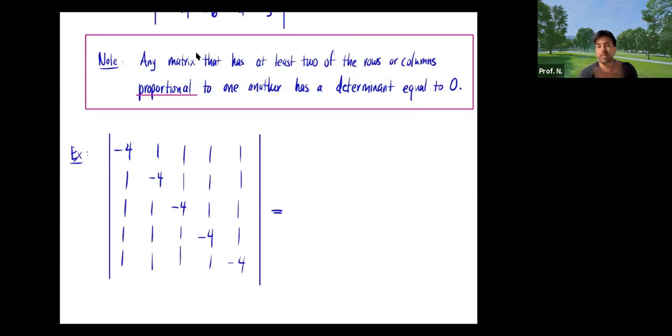So what would be the determinant of this 5 by 5 matrix?